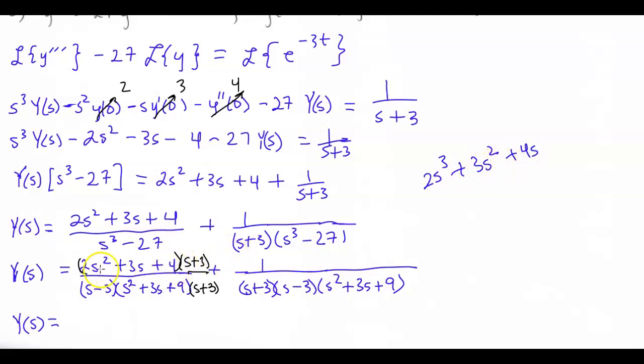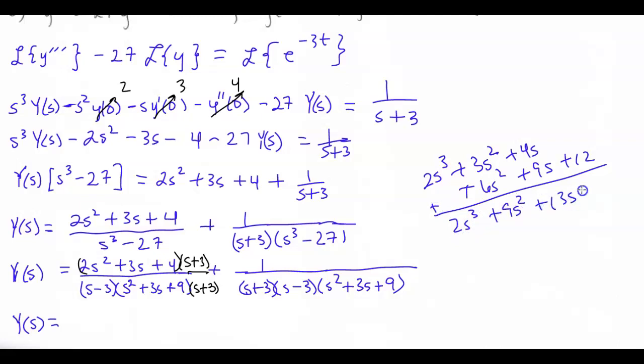And then if we take 3 and multiply that on through, that would be 6s squared plus 9s and then plus 12. So our result here would be 2s cubed plus 9s squared plus 13s plus 12.